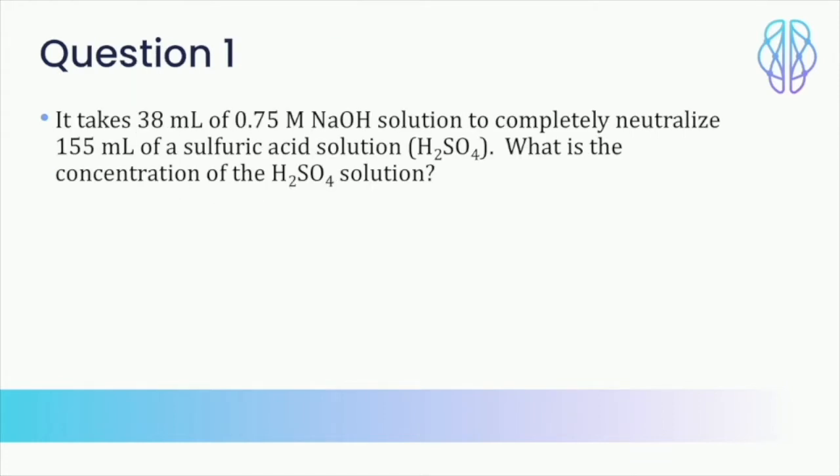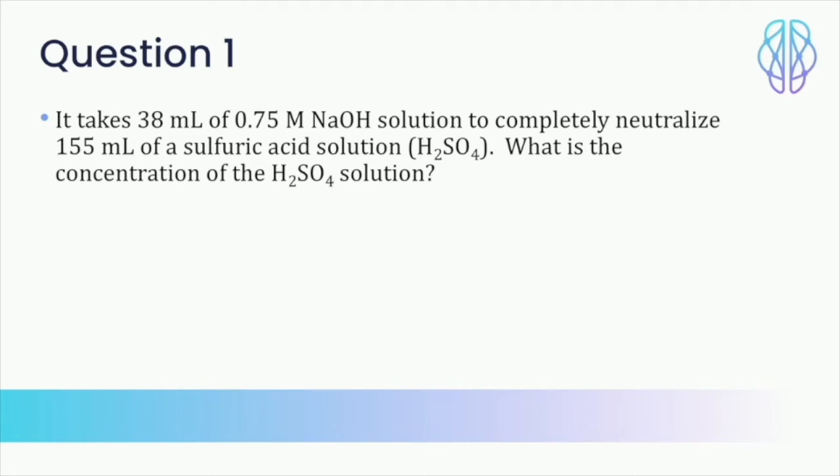So in question 1, it says that it takes 38 milliliters of 0.75 molar sodium hydroxide solution to completely neutralize 155 milliliters of sulfuric acid solution. What is the concentration of the sulfuric acid solution?